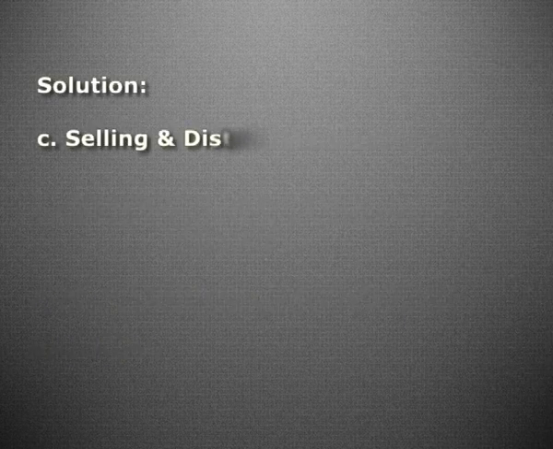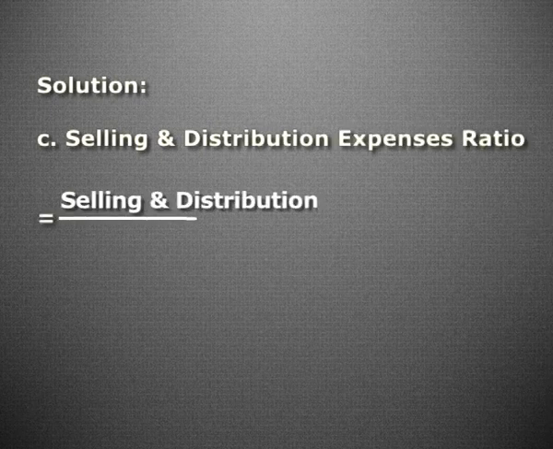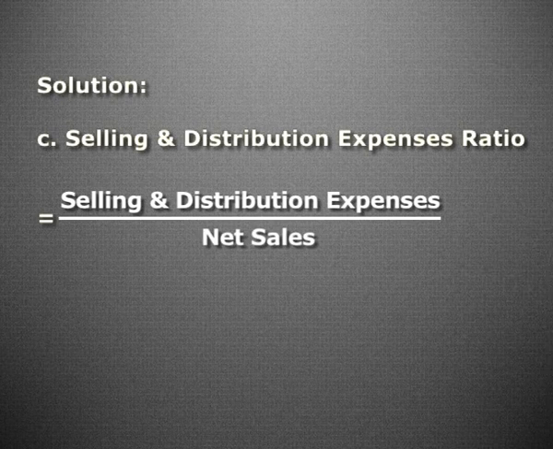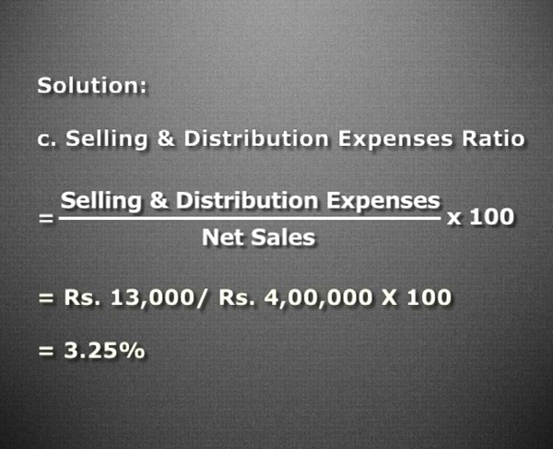C. Selling and distribution expenses ratio is equal to selling and distribution expenses divided by net sales into 100, which is equal to rupees 13,000 divided by rupees 4 lakh into 100, which is equal to 3.25%.